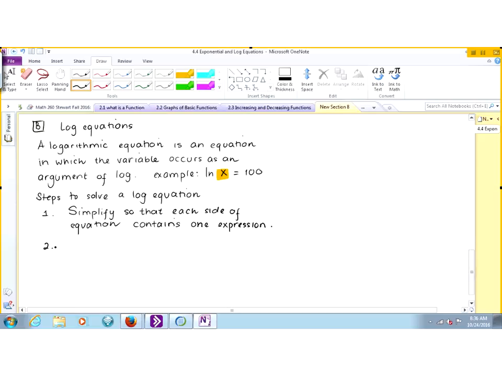Now there are 2 things you could do to take care of the logs. Use the cancellation property. Cancellation is: a raised to the log base a of x is equal to x. Or rewrite using exponents.